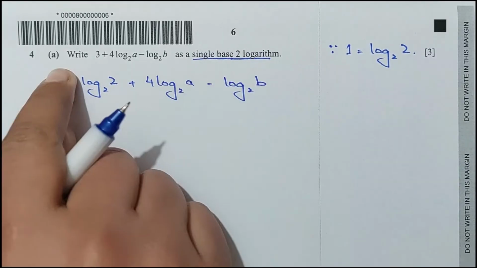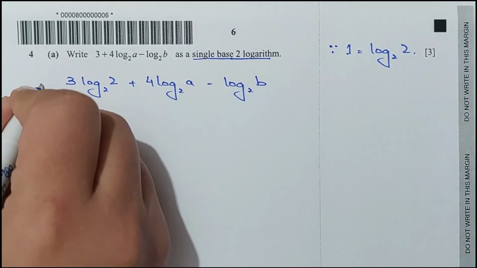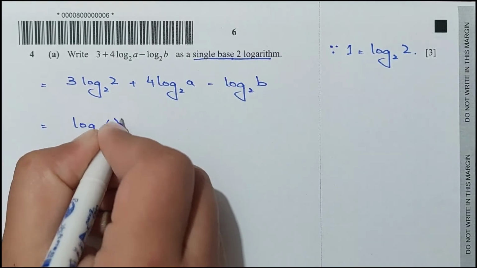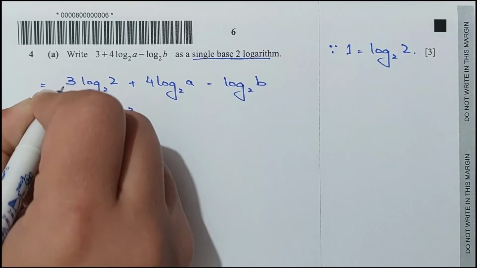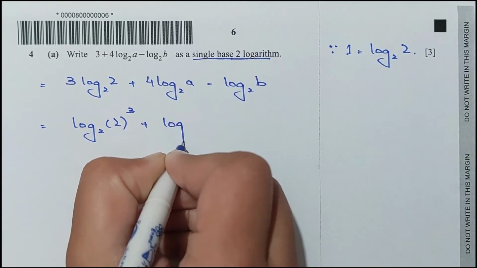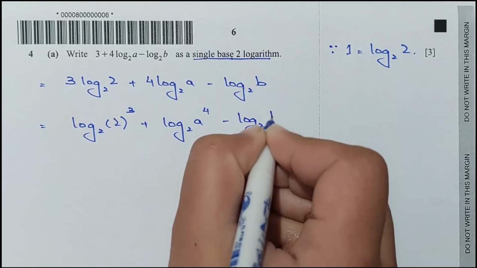Now we have to write this as a single base 2 logarithm. So these are the base 2. The next step is log 2 cubed, shifting the coefficient to the power, plus log 2 a to the power 4 minus log 2 b.